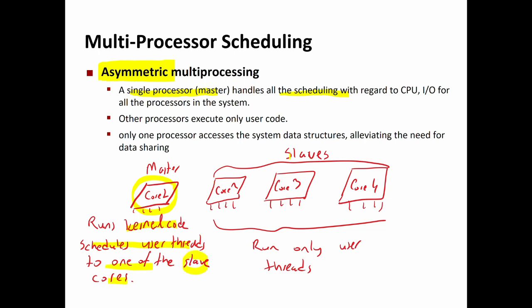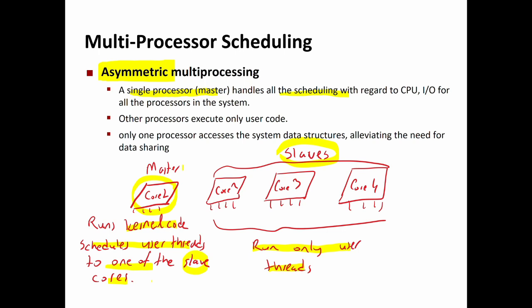The other cores here, cores 2, 3, 4, run as slaves, and they run only user code and user threads. In this case, the master processor has access to the data structures, so it is easier from an operating system point of view, and it just says this particular thread will be allocated to run on core 2, core 3, core 4. This is what we call asymmetric multiprocessing.